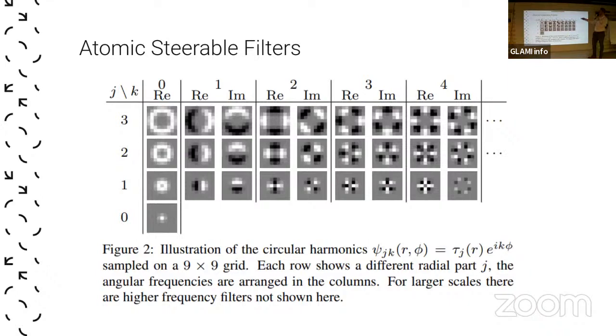So you can see that for 0, there's 1 maximum. For 1, there's 1 maximum and minimum, etc. And it goes up. And I mentioned that the radial direction is chosen to be Gaussian. And so you increase the mean value of each Gaussian function by 1 as you go through the rows top to bottom.